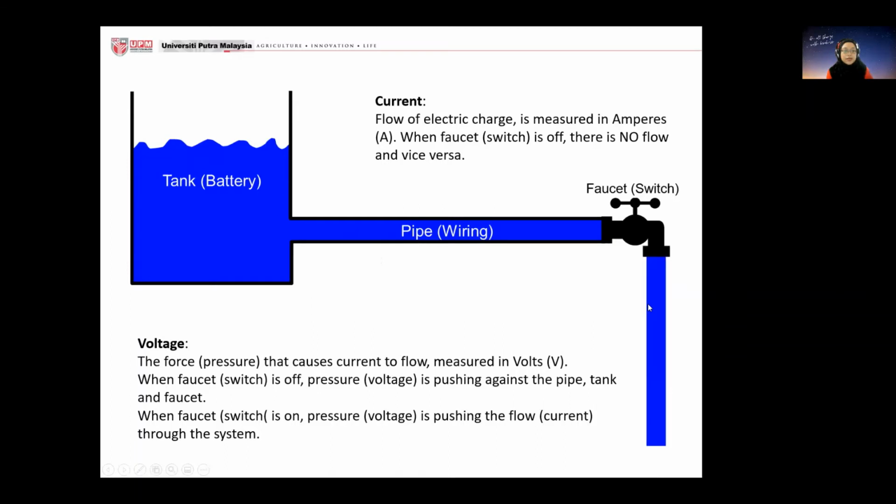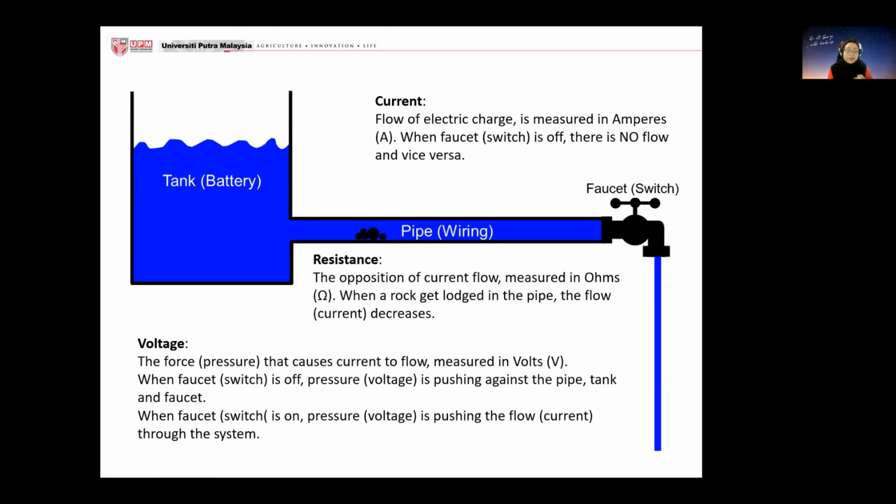So imagine from there to here, the flow is going to decrease due to the resistance. So if you think back about electricity, if along the way there is resistance, you're going to have much lower current than you expected. All right.